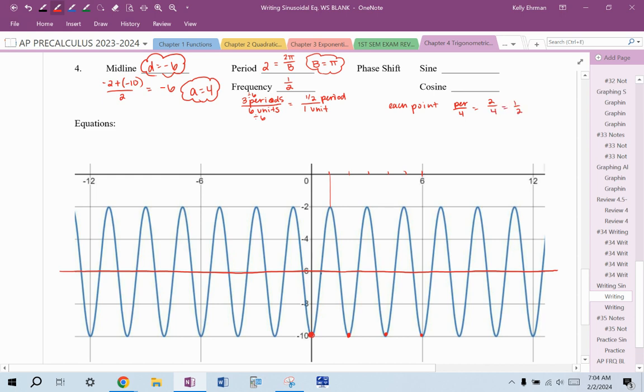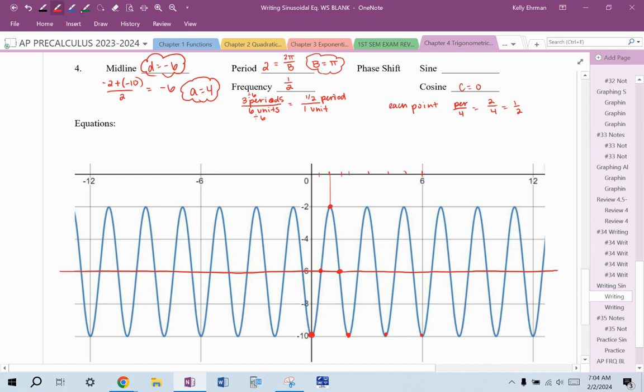So all of these points, all of these extremes are happening at a half unit away, right? Like here, midline is a half unit. This is 1, 1.5, 2. Okay, so anyway, as far as shifts go, for cosine, there's no shift. It's starting right on the y-axis.